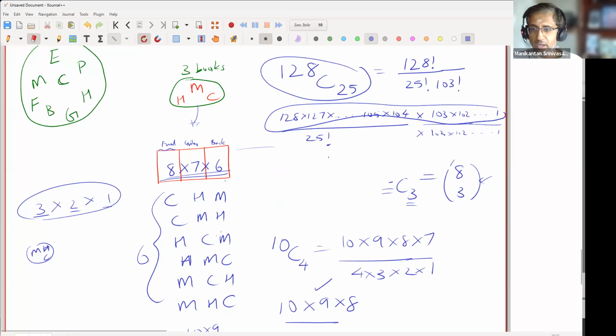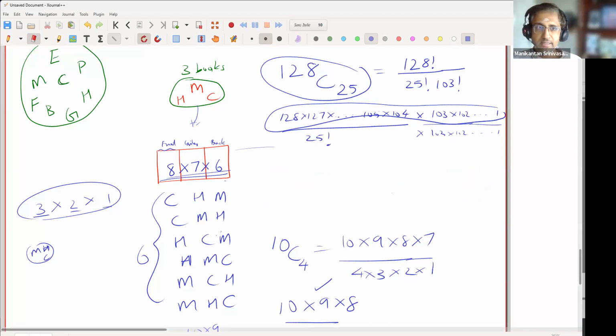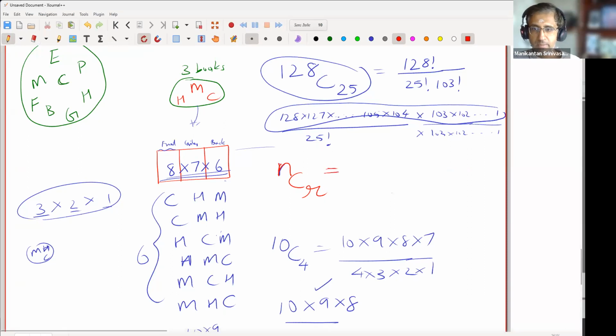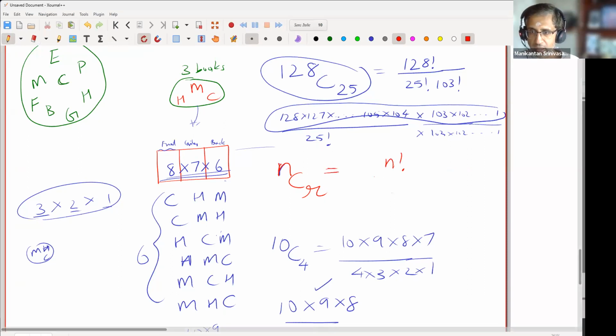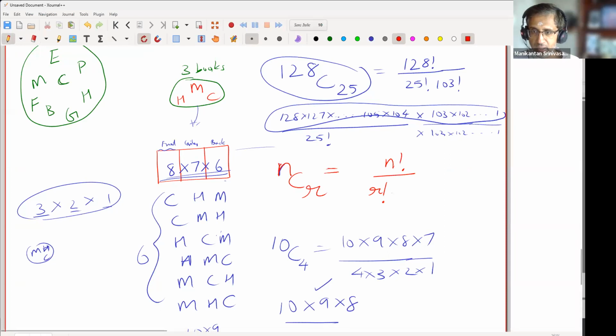Okay. Generalizing this, suppose I have n objects in my library, or n books, whatever. I have to pack my bag using r objects or books. The number of ways in which I can choose them is n factorial upon r factorial into n minus r factorial, for the reason that we just saw.